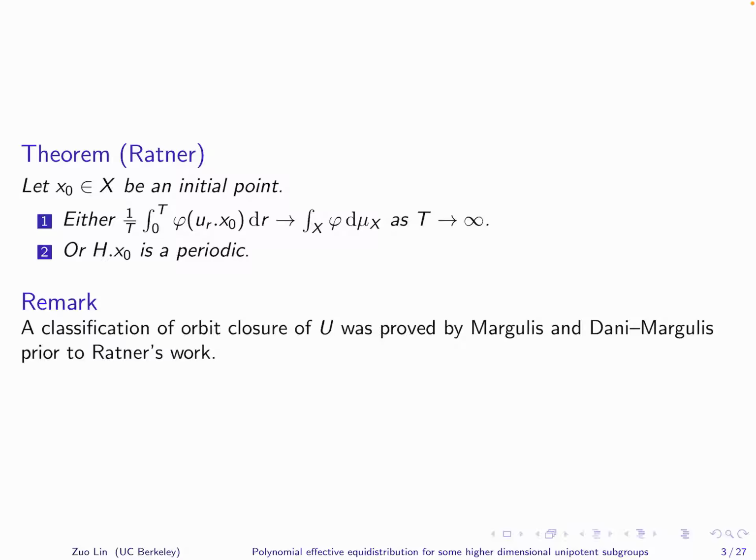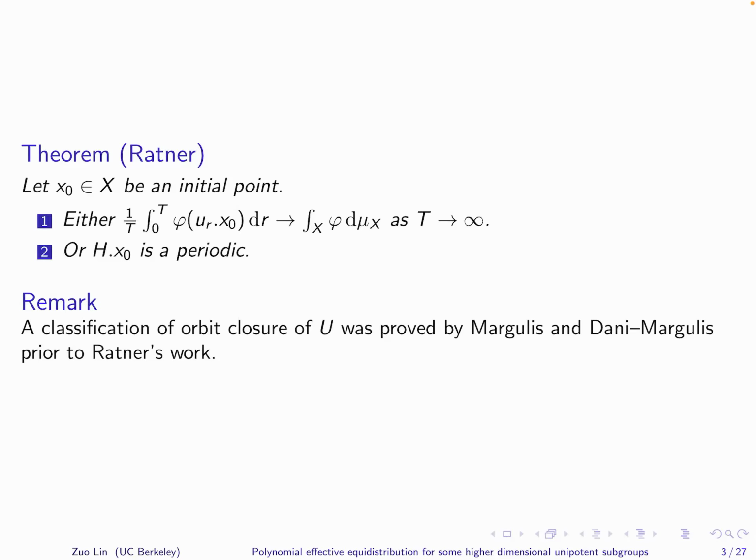For this unipotent flow, a topological version, a classification of orbit closures of such unipotent orbits, was proved by Dani and Margulis before Ratner's work. In fact, if you choose your lattice to be SL3(Z), the non-uniform one, this is exactly the setting where Margulis proved Oppenheim's conjecture.